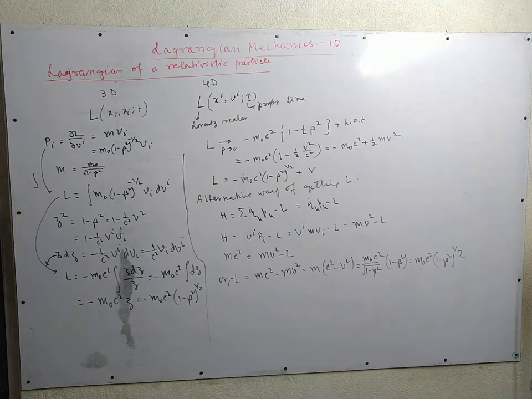So we have found the Lagrangian of a free particle, or the Lagrangian of a relativistic particle. And a special case may appear: the Lagrangian for light quanta. For light quanta, we know it is a relativistic particle with zero rest mass, and we can get the Lagrangian or Hamiltonian for a light quanta.